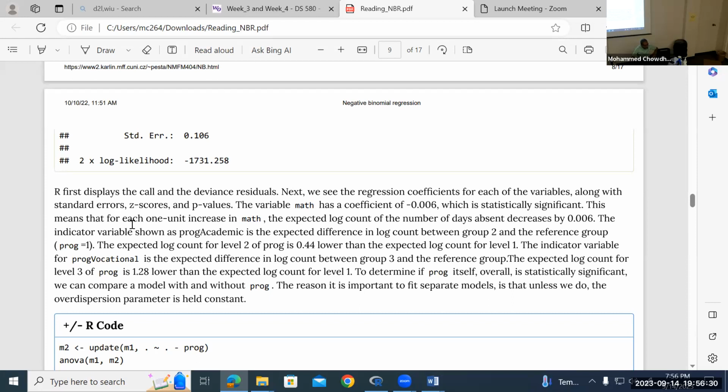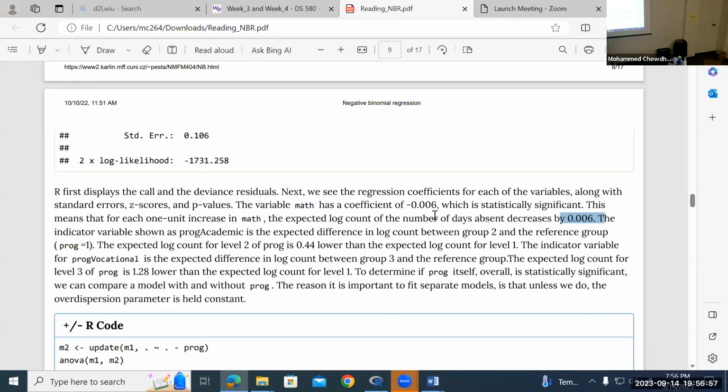This means that for each 1 unit increase in math, the expected log count of the number of days absent decreases by that. So that means this is negative. That is why the word decrease is in here. So if this is increased by 1 unit, the predicted value of absence will decrease that way.